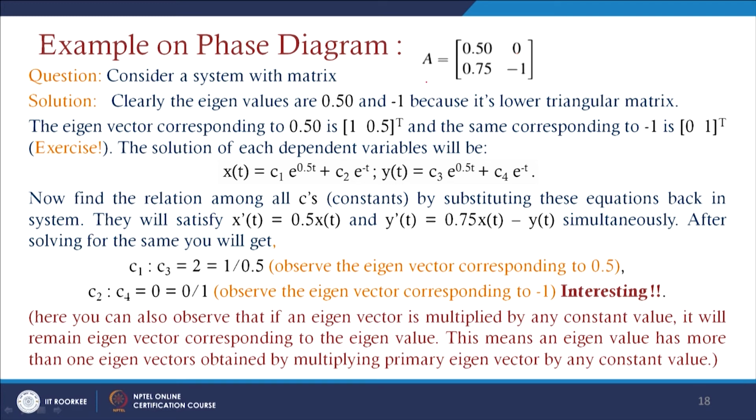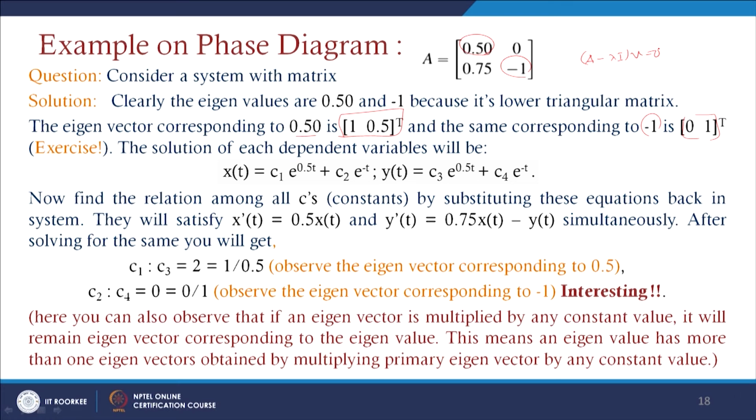So, the eigenvalues are 0.5 and minus 1 here, and corresponding to the eigenvalue 0.5, the vector is coming as 1 0.5, and the eigenvector corresponding to minus 1 is coming as 0 1 here. Obviously, you can find it directly from (A minus lambda I) into V equals 0. Since lambda is known to you, you can directly find the vector.